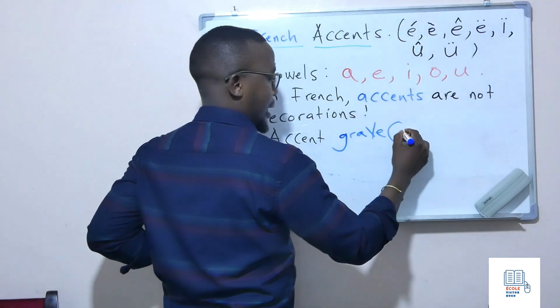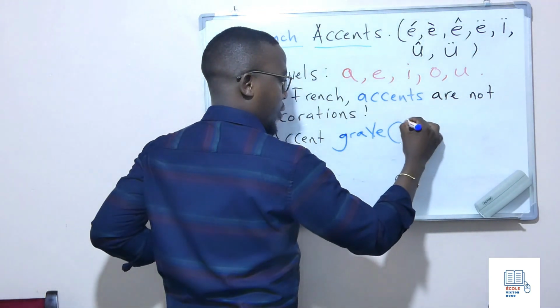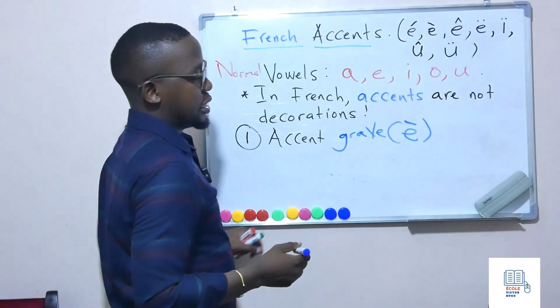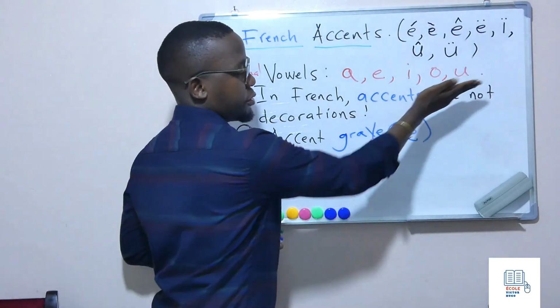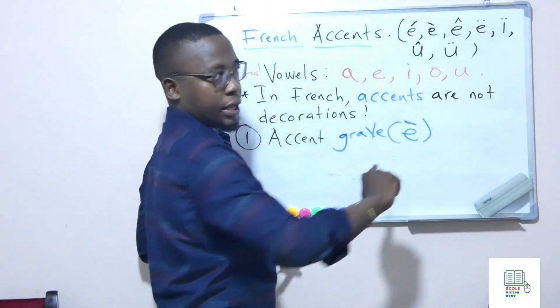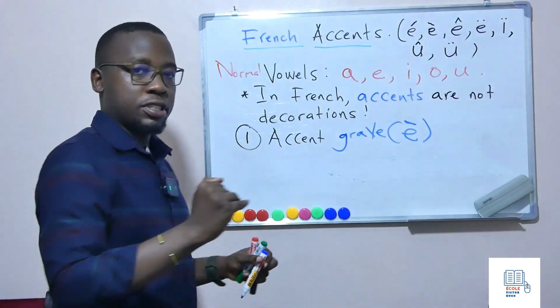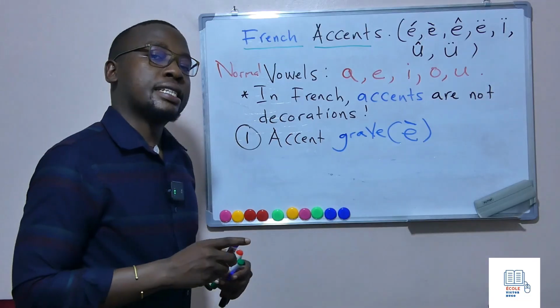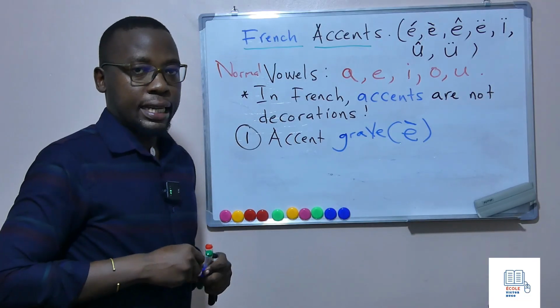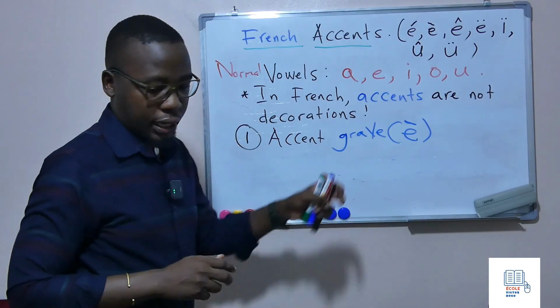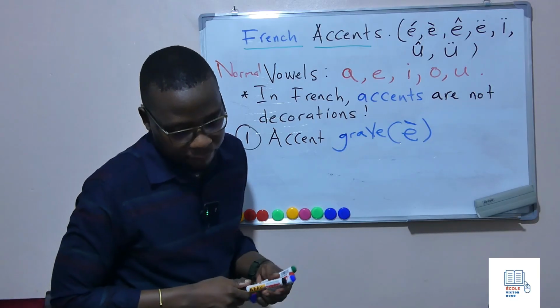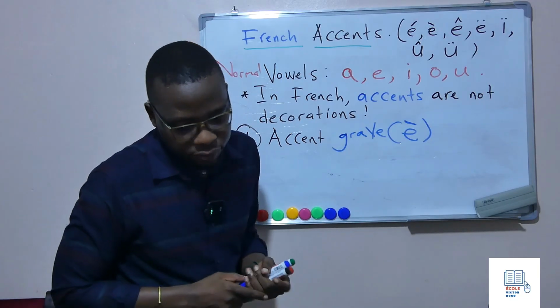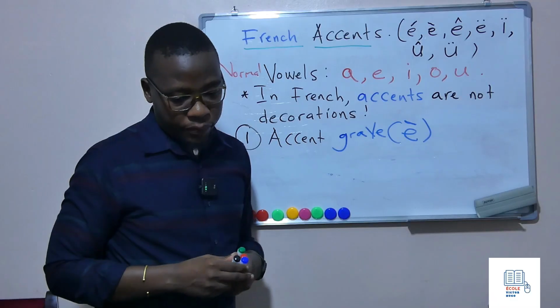Accent grave, instead of this one slanting from the other side, slants the other way. It slants on the opposite side. So it also has a different way of pronouncing it. It slants down from left to right.